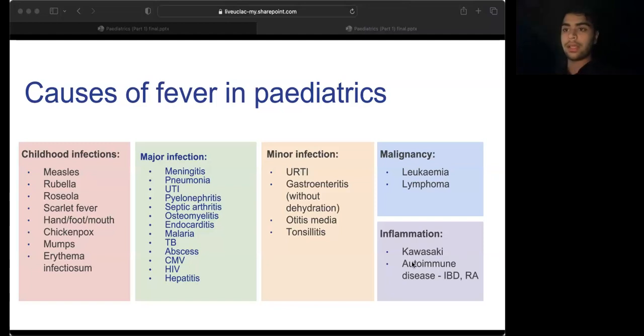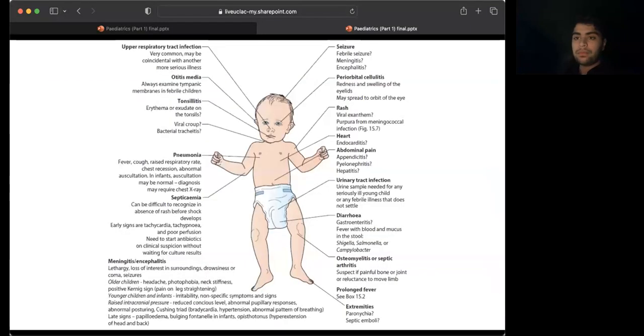So we can go on to the next slide now. This is quite a busy slide, but what you can take away from this is that if a child presents with fever, let's do a top-to-toe assessment of what could possibly be causing the fever. So what's the infective source? It could be something in the brain.